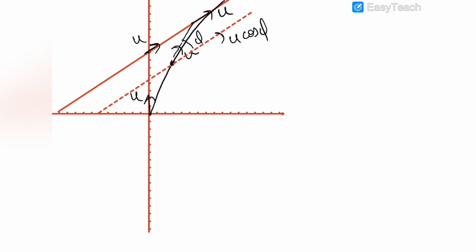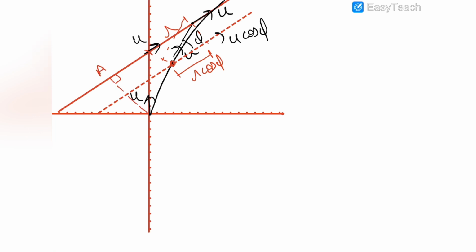Now let us suppose that this distance is r, and the component of this distance is r cos phi. Let us draw the perpendicular.